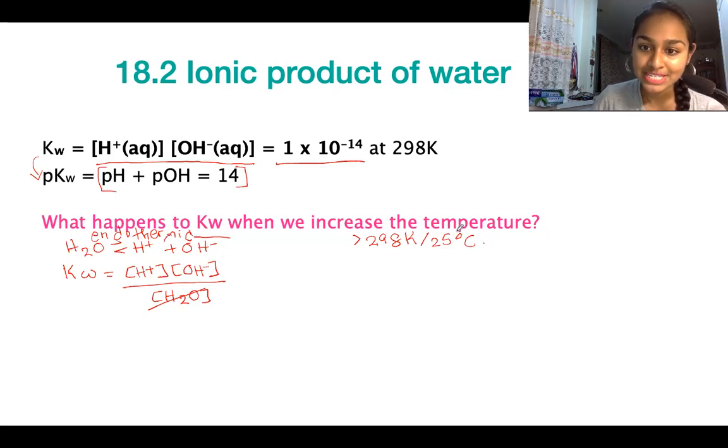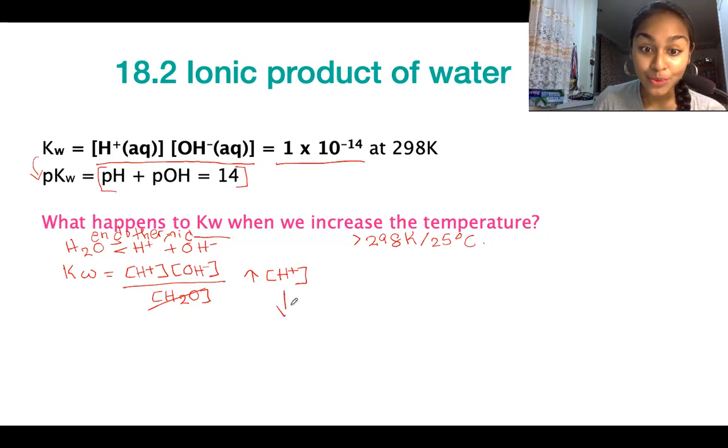When we increase the temperature, we're going to favor the forward endothermic reaction. And what this means is that we're going to get more dissociation and therefore a greater concentration of hydrogen ions. So increasing the temperature, favoring the endothermic reaction, is going to leave us with more hydrogen ions.